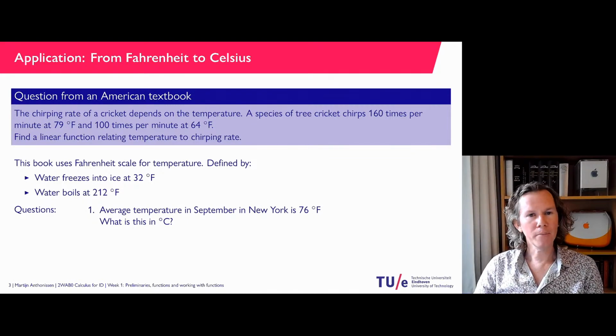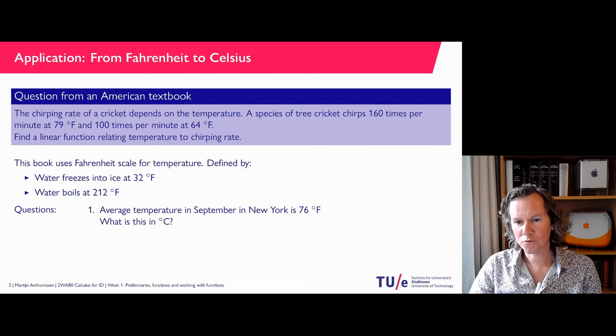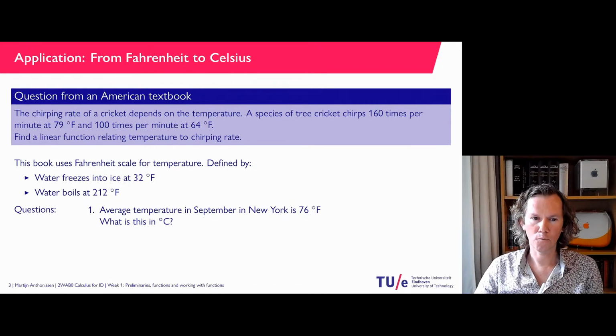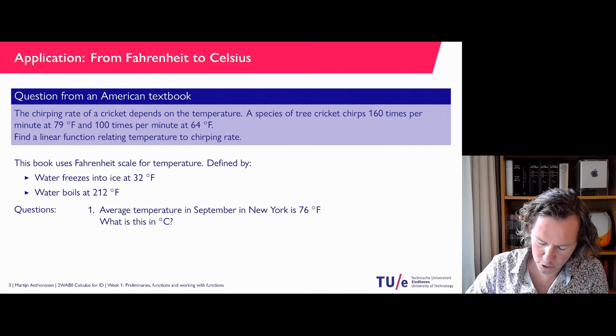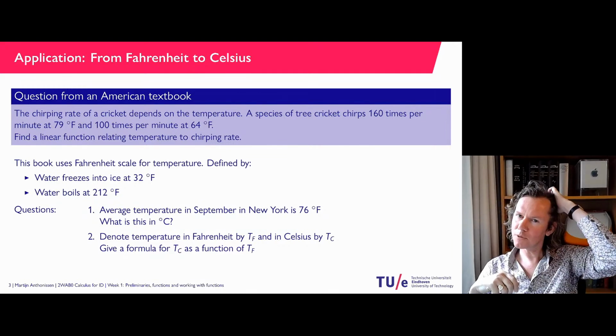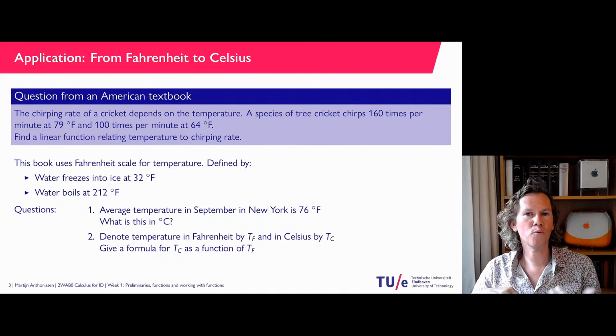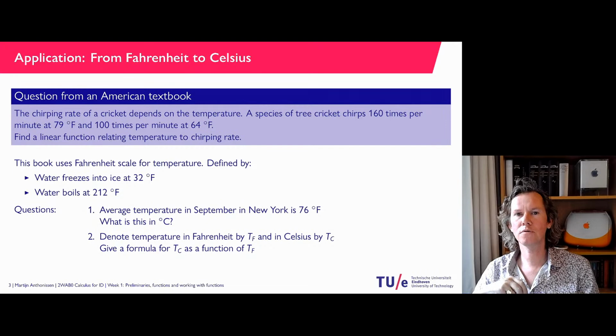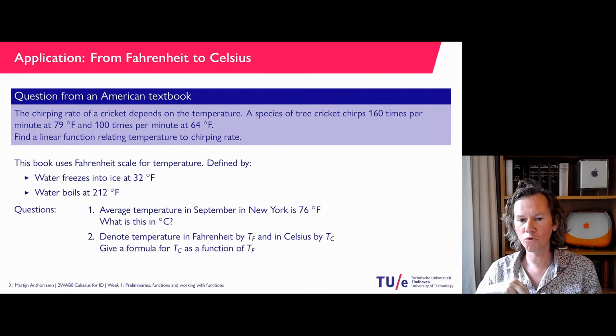Also, if you think about it, this question is not very interesting in and of itself. So if you have 76 Fahrenheit and you know what's in Celsius, that's not particularly interesting. We cannot go to New York anyhow at this moment in time. So let's generalize this a little bit, and that makes it a little bit more into mathematics and abstract thinking and so on. So you could formulate the question a little bit more general.